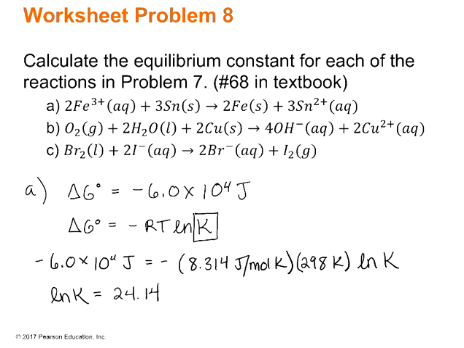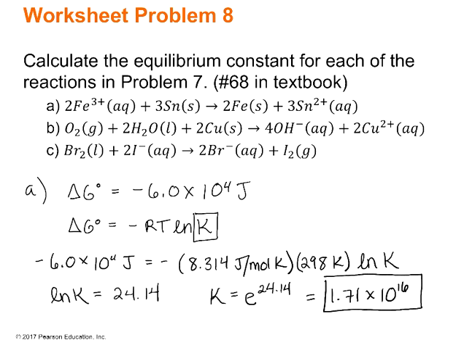All right, so now let's solve for K. To get rid of that natural log, we're going to raise e to each side, so we'll have e raised to 24.14. When we plug that into our calculator, we should get a value of 1.71 times 10 to the 16th. So that's a really large value of K.